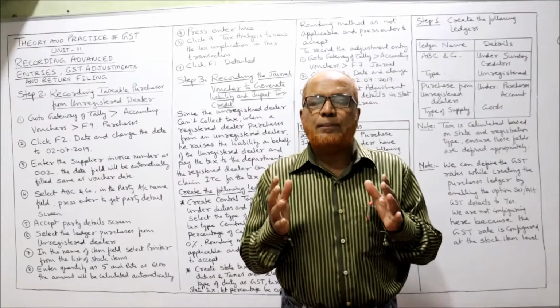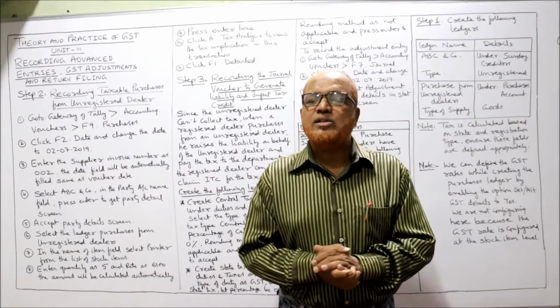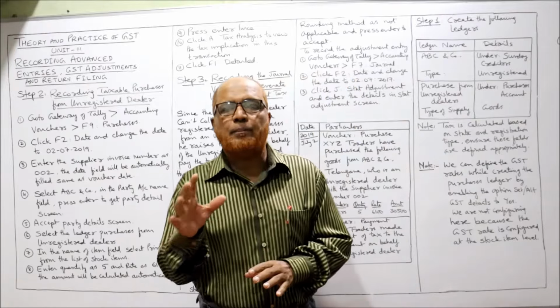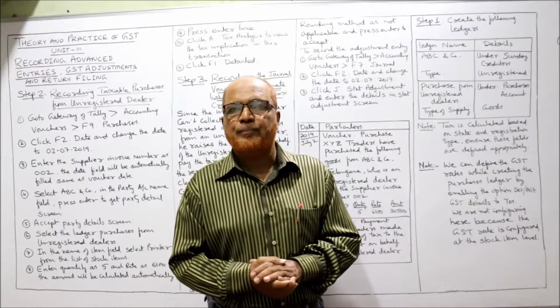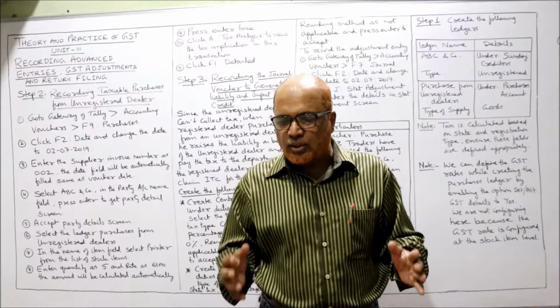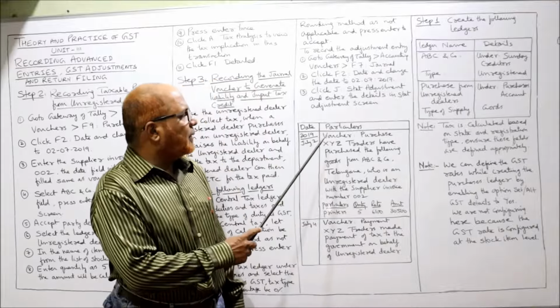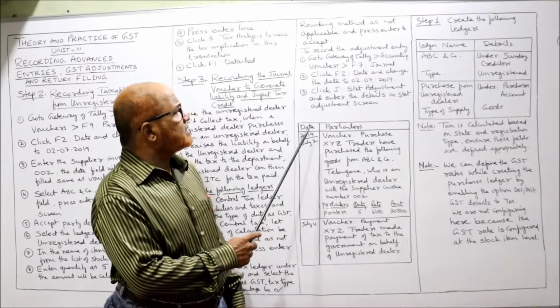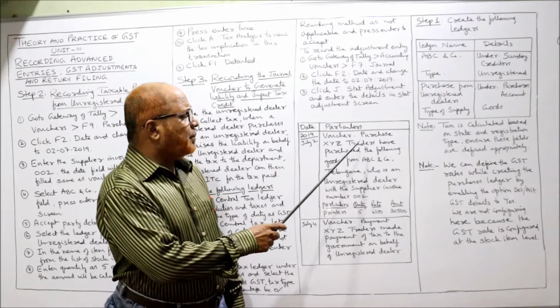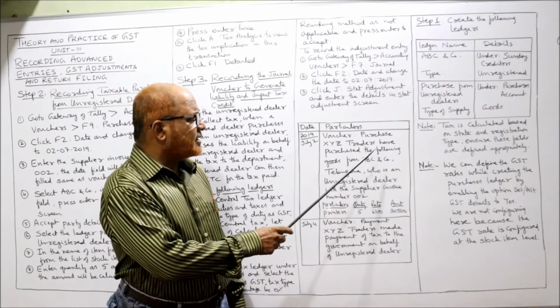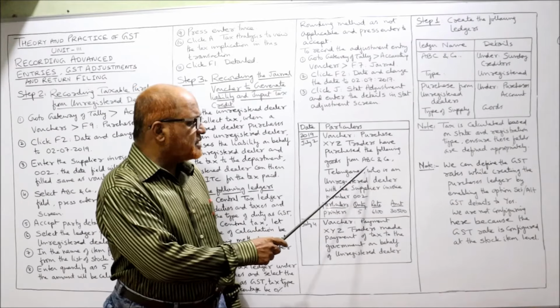So how will the purchases be recorded? What is the procedure of recording the purchases made from unregistered dealers? Here I have taken one illustration. See carefully here. Particulars are voucher purchased. XYZ traders have purchased the following goods from ABC company.